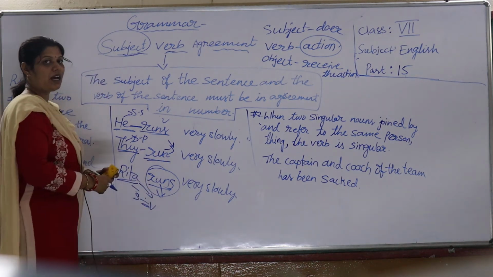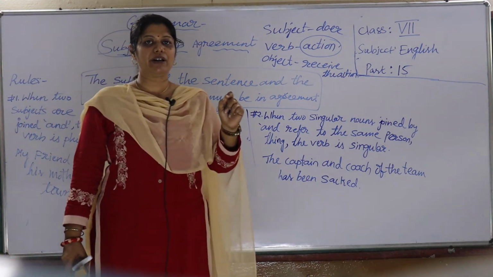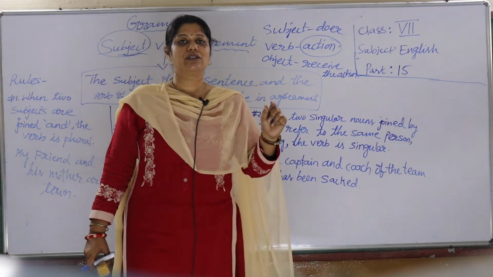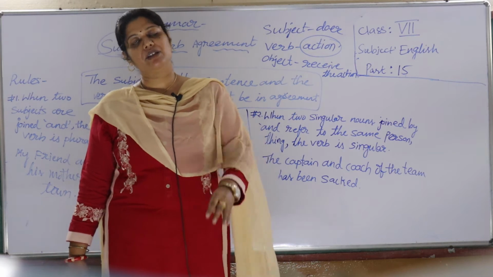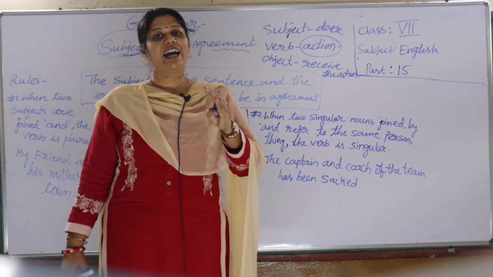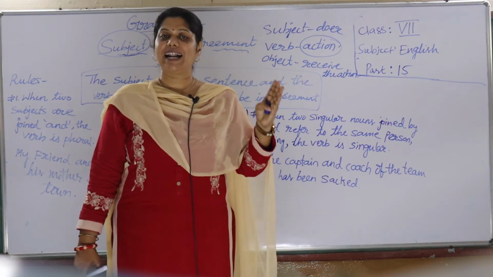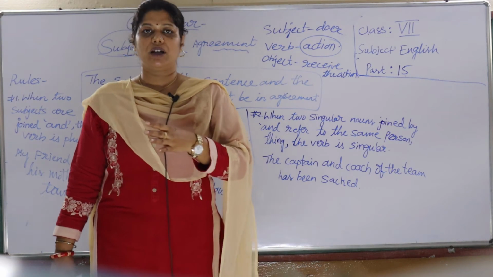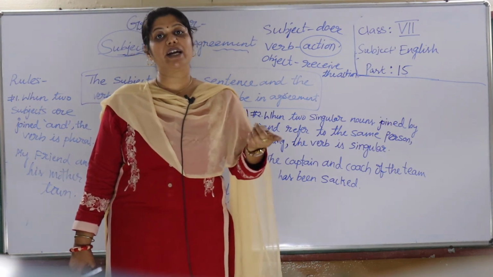Understand how it goes? The small thing you have to remember, the first basic thing: when we add s or es to the noun, it becomes plural. But when we add s or es to the verb, it becomes singular.